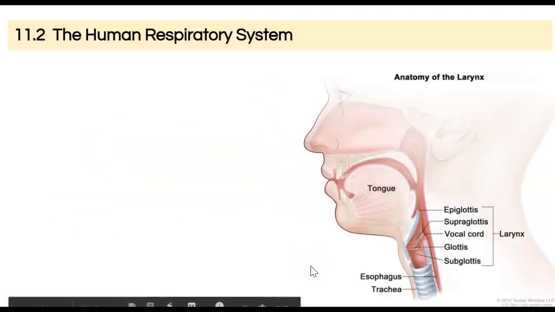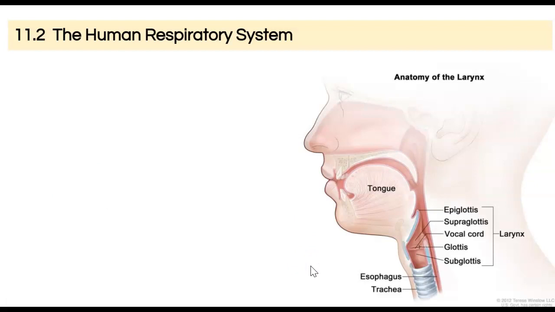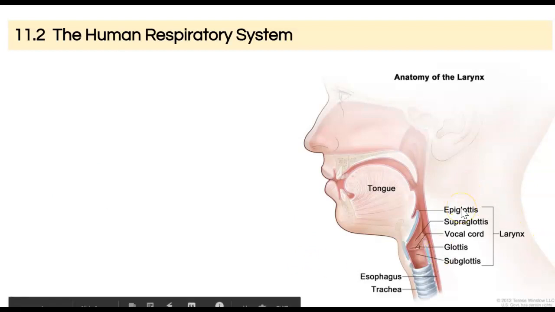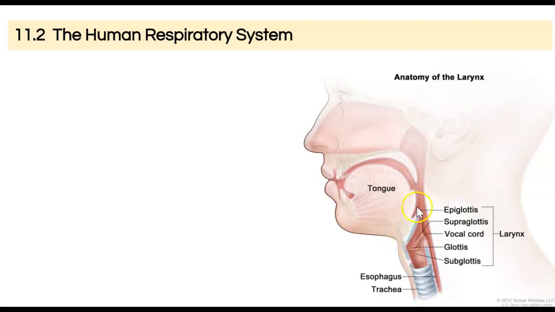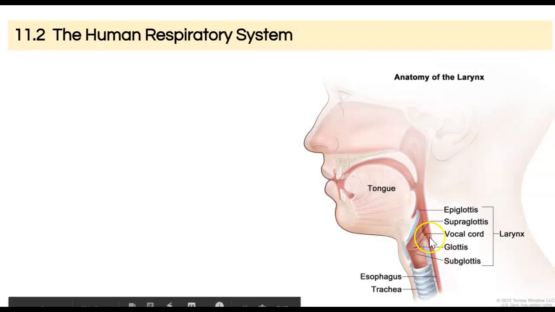Now I'm going to expand on some of the other structures in the larynx, like the epiglottis. In our digestion chapter, we spoke about it, but here's that flap: when you swallow food, it catches on the edge of the epiglottis, and the epiglottis closes, and the food moves down your esophagus instead of into your trachea.